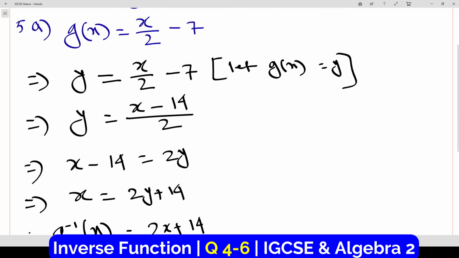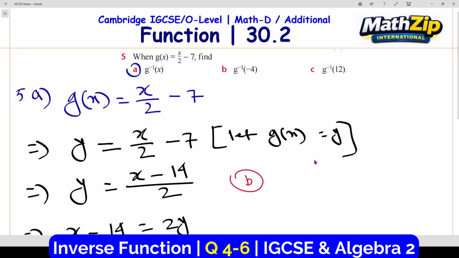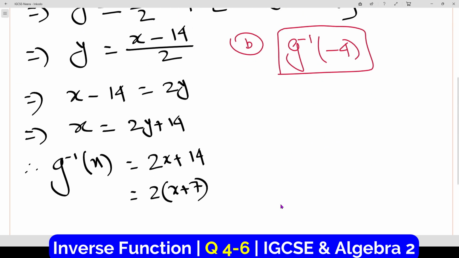Number B, here g inverse of minus 4, we have to find. In this case, g inverse of x equals 2 times (x plus 7).